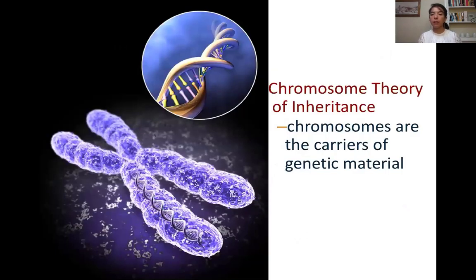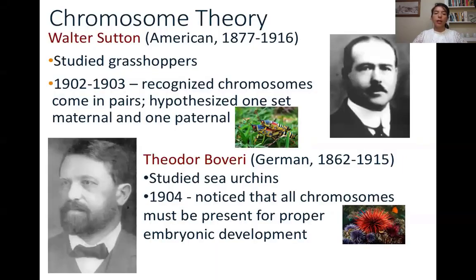The chromosome theory of inheritance proposed that the chromosomes are the carriers of the genetic material. Very simple. Now, 2 proponents of the chromosome theory exist. One of them is Walter Sutton, an American, and another one is Theodor Boveri, a German.